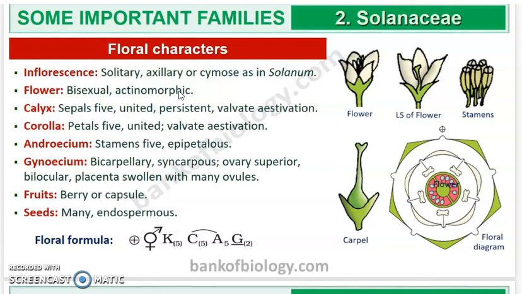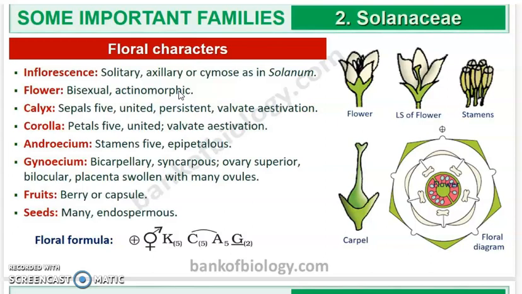Equal number of parts. So that is called actinomorphic symmetry. I hope you remember about symmetry, right? It is also called radial symmetry, in which the flower can be divided into two equal radial halves in any radial plane passing through the center, right?